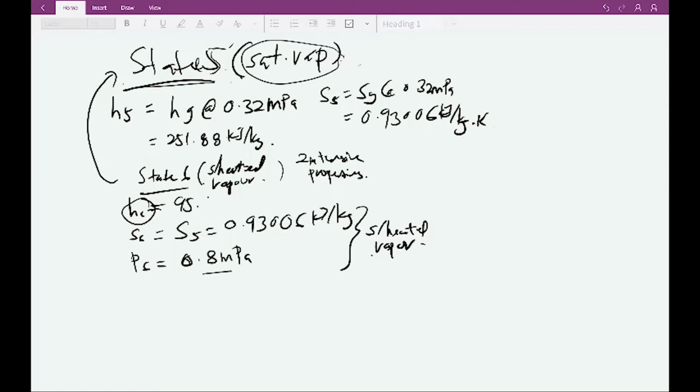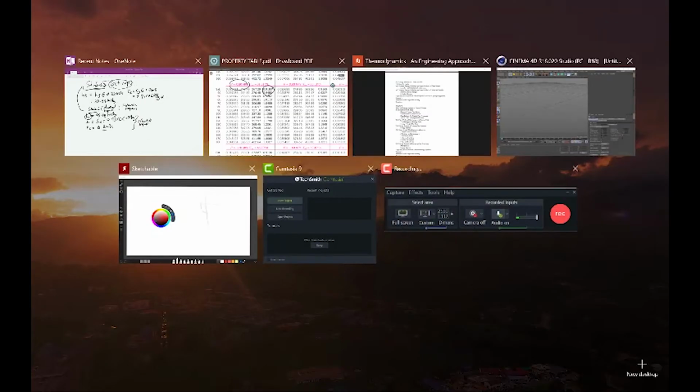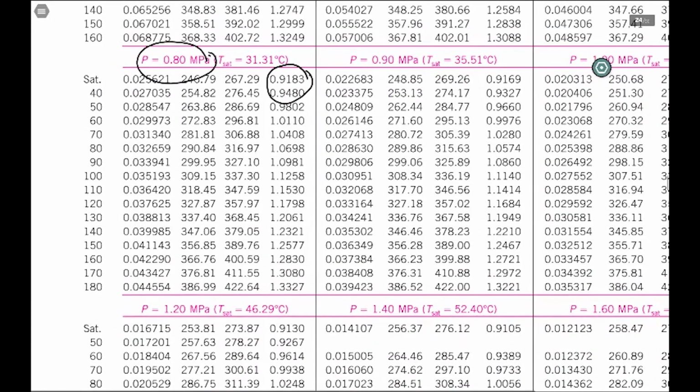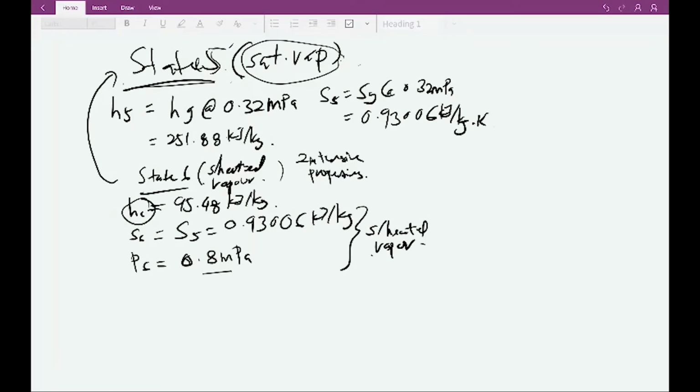I'm just writing the answer. H6 equals 95.48 kilojoule per kilogram. Check again. Sorry, not 95, it is 274.49 kilojoule per kilogram.